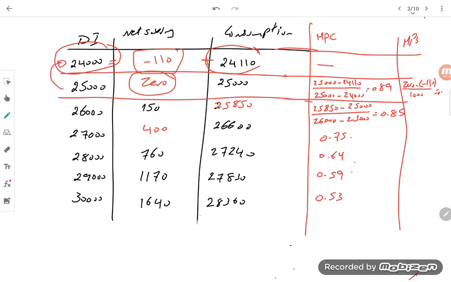It's 0.11. The next one is 150 minus 0 divided by 26,000 minus 25,000, it's 0.15, and so on, 0.25, etc. It can be concluded that if you add MPC and MPS, in all cases, the value will be 1.